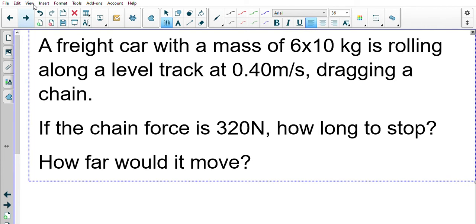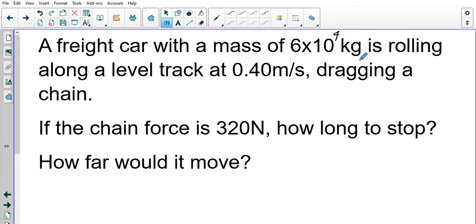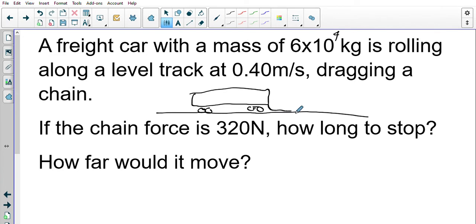Here we have a freight car with a mass of 6 times 10 to the 4th kilograms rolling along a level track at 0.4 meters per second, dragging a chain. If the chain provides a force, so we've got our wheels, there's our freight car, and it's on our train track, and for some reason there's a chain that's behind it.